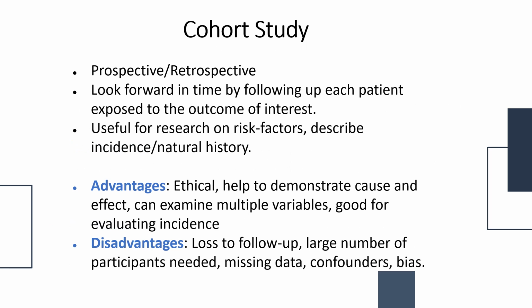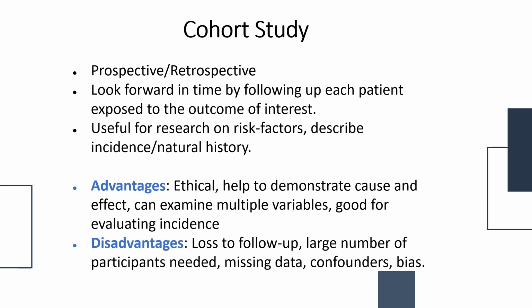Let's think about some observational studies, a cohort study. These can be prospective. So what we mean by prospective is the data is all collected and everything is looked at from the start of the study, or retrospective, where you go back and have a look at the cohorts based on existing data.